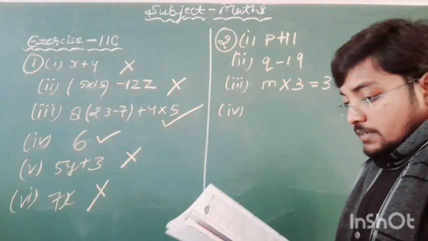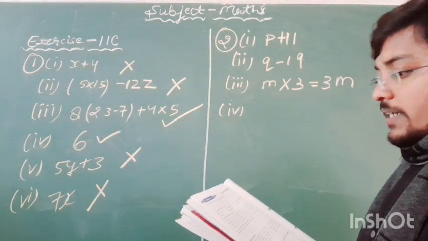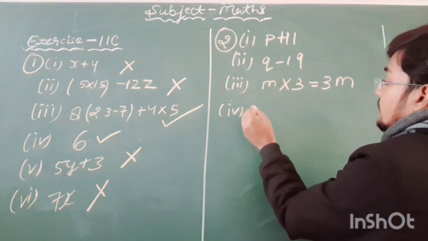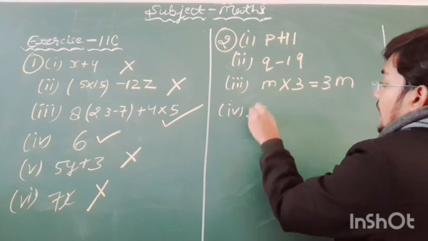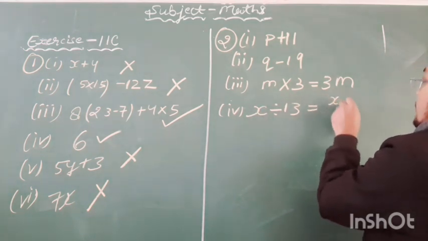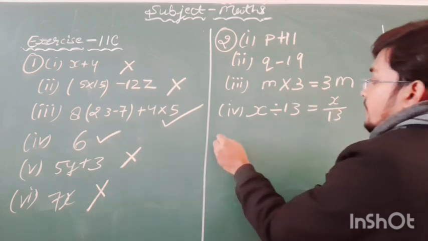Fourth is x divided by 13. So we write the expression for this sentence: x divided by 13. It can also be written in the form of x upon 13.